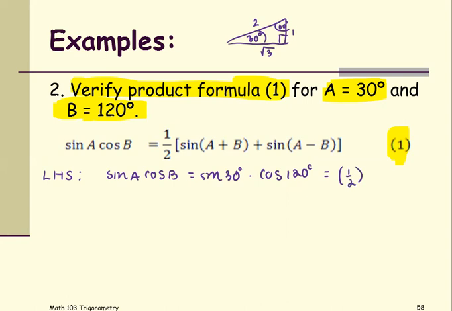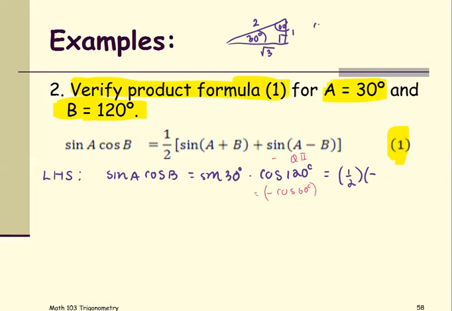The cosine of 120 degrees. 120 degrees is in the second quadrant, and the reference angle is 60 degrees. The cosine is negative inside. So this is the same as negative cosine of 60 degrees by using the reference angle. And what is cosine of 60 degrees?